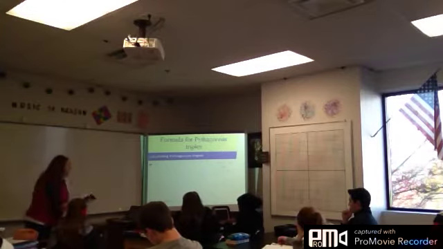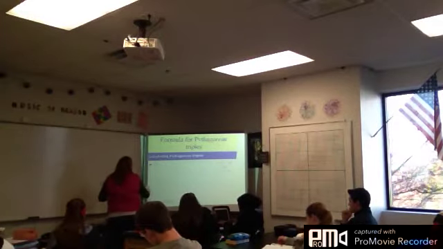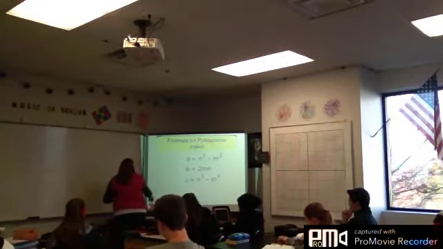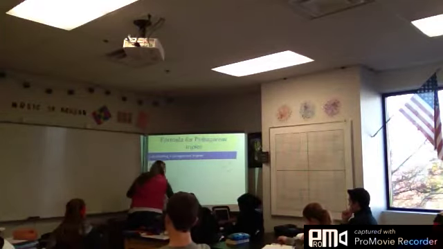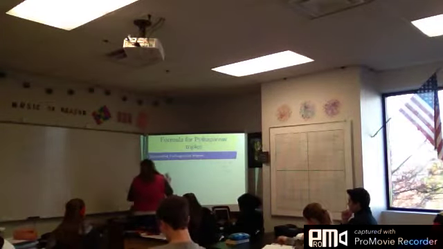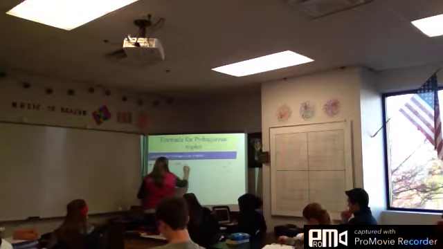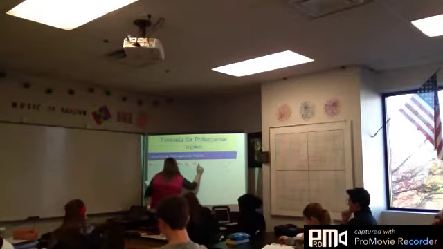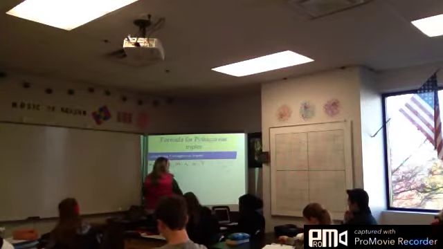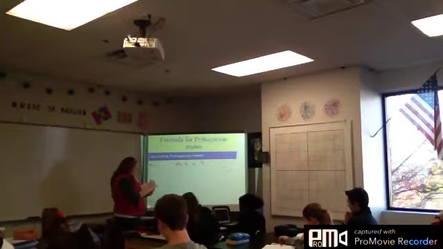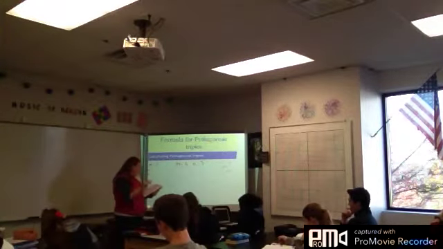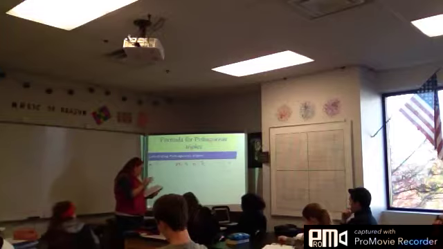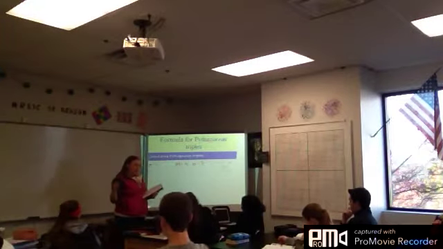So let's say I give you, let me see if my next slide has numbers on it or not. No, okay. So let's say it says m equals 5 and n equals 7. I need to figure out first what A is, what B is, and what C is, before I can decide if it's a Pythagorean triple.